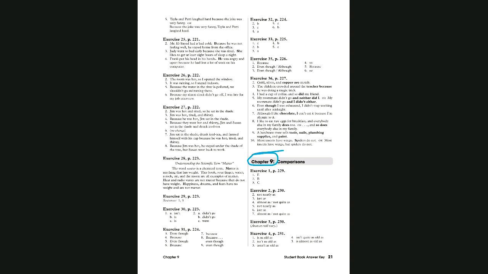Glass 2. Okay, remember when you're using as, you have to have it 2 times. Is not. So where do we put the second as? Oh, as. Okay. So glass 3 is not nearly as full as glass 2.